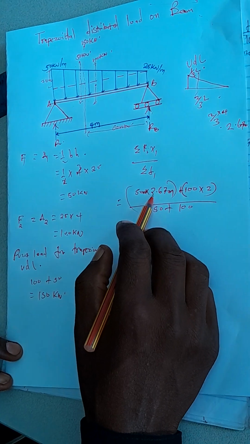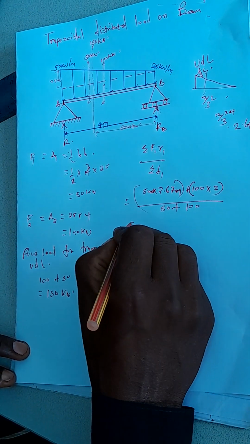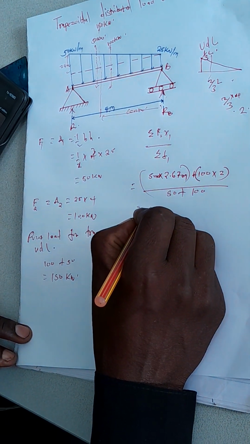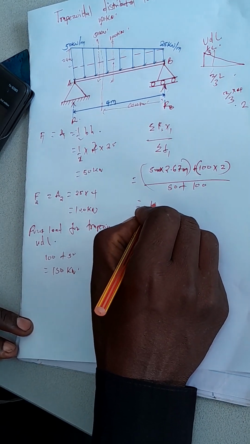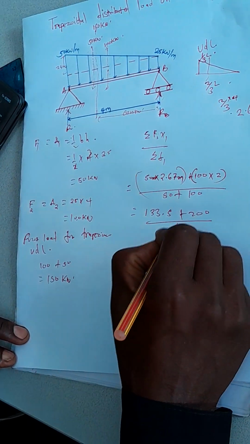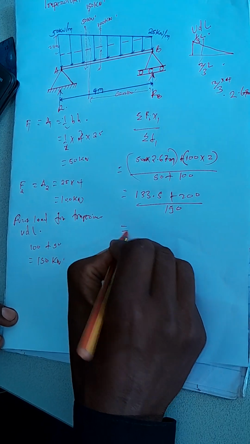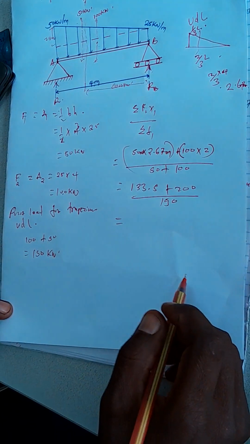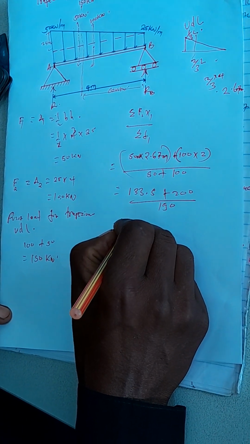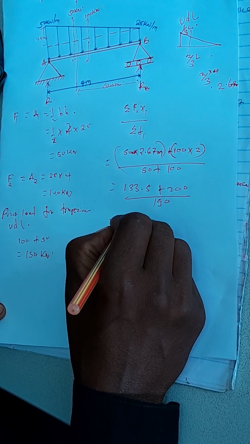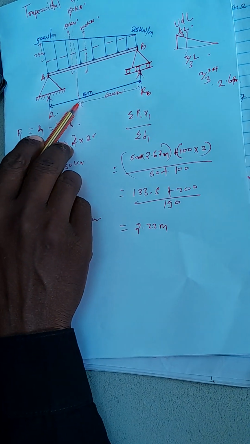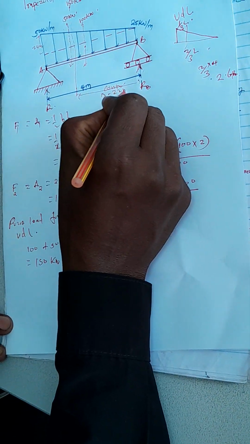What do you get here? 50 times 2.67 is about 133.5, plus 200, over 150. Add all of them, then divide by 150. You get 2.22 meters. That is the centroid.